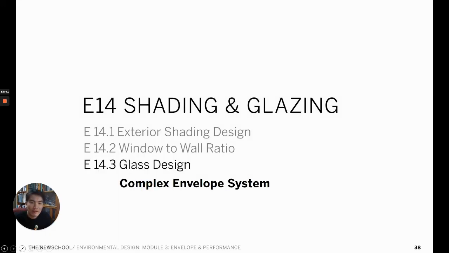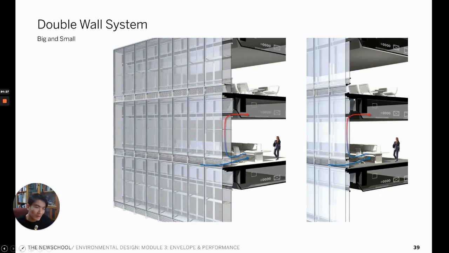And lastly, let's talk about an example of a more complex system which uses the same principle that we discussed in the previous portion of the class. The most commonly used system that is widely known is the double wall system. The basic concept is pretty simple. It is to provide an additional skin on the outside of the existing one in order to increase the thermal resistance.